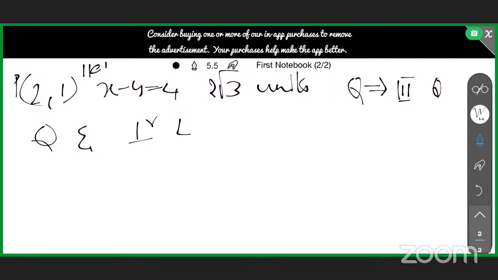Read the question and tell me what type of question this is. It's a special question. In this chapter, we have not done a question like this. So what type of question is this one?